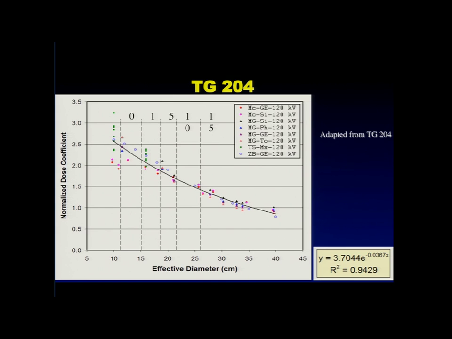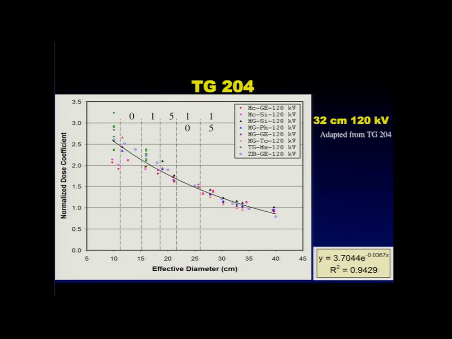On the ordinate here, you have the normalized dose coefficient, which becomes the conversion factor that's published in TG204. And down here on the abscissa, you have the effective diameter. I'll define the effective diameter in a minute, but it's basically the size of the patient. You'll notice my R squared is 0.94, so I've got a pretty reasonable fit to my data.